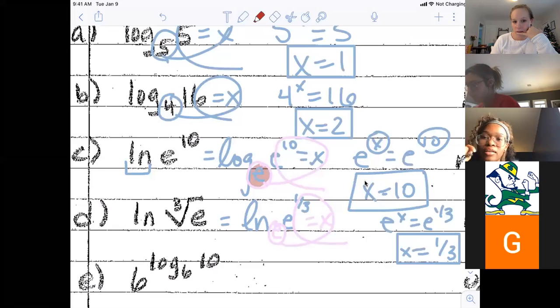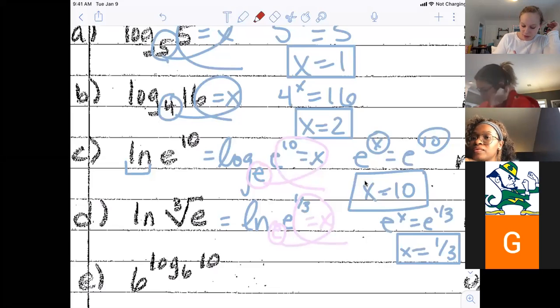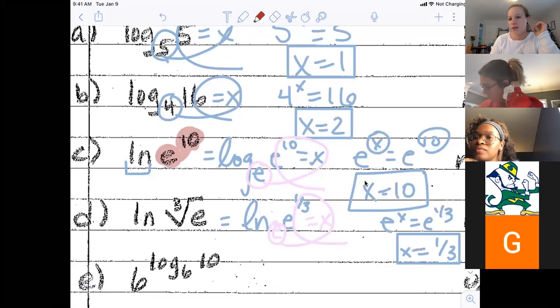But then it has the exponent, like with the 10 next to the e? Well, it just means that my problem is set up so I'm doing e raised to the 10th power. So that's what I'm doing my ln of.